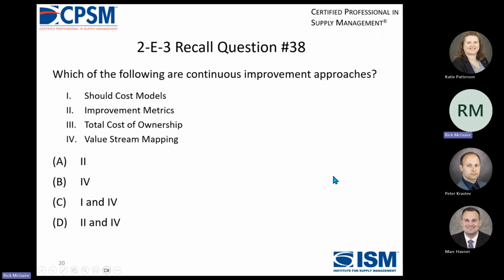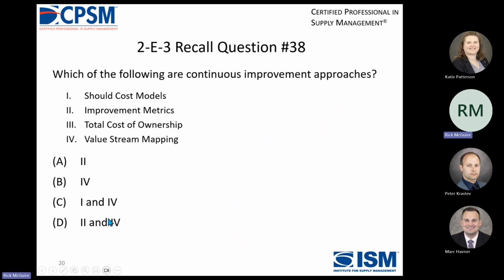And we got one more. Which of the following are continuous improvement approaches? So with these, I always pick out one that I know is a continuous improvement approach.